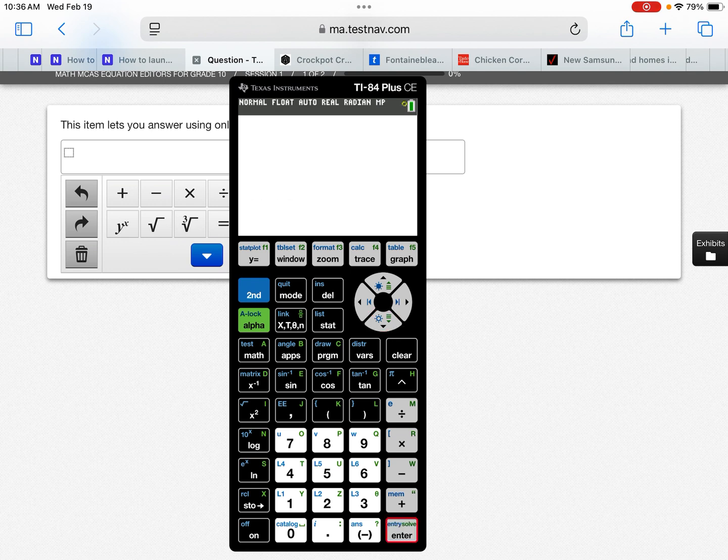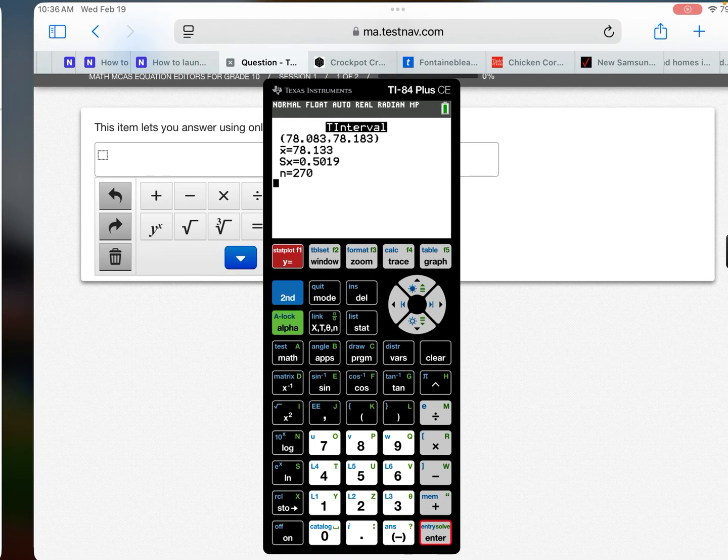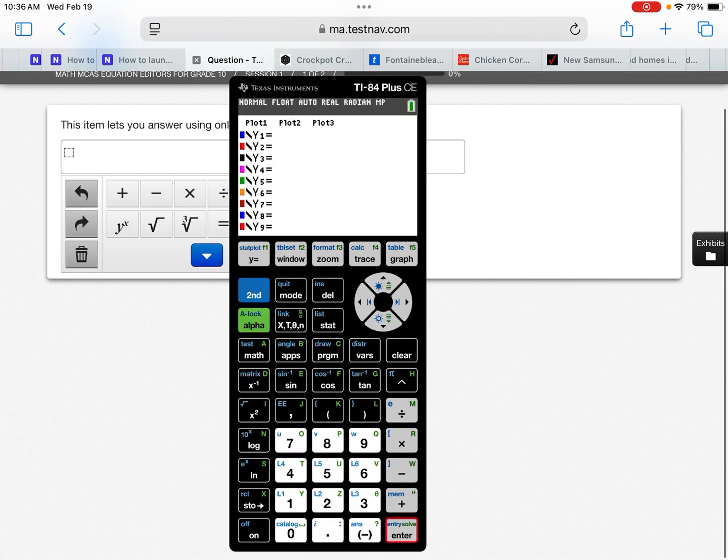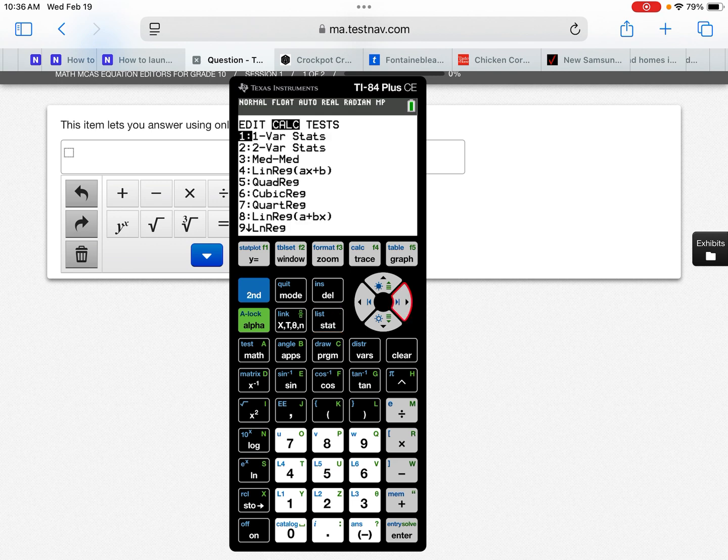Okay, so that interval is 78.08 to 78.19. Did I type in something different? I'm looking at my notes, and I have a different answer in my notes.